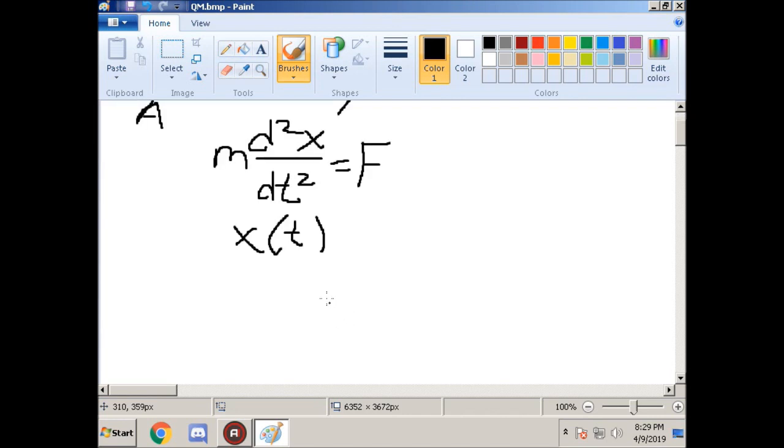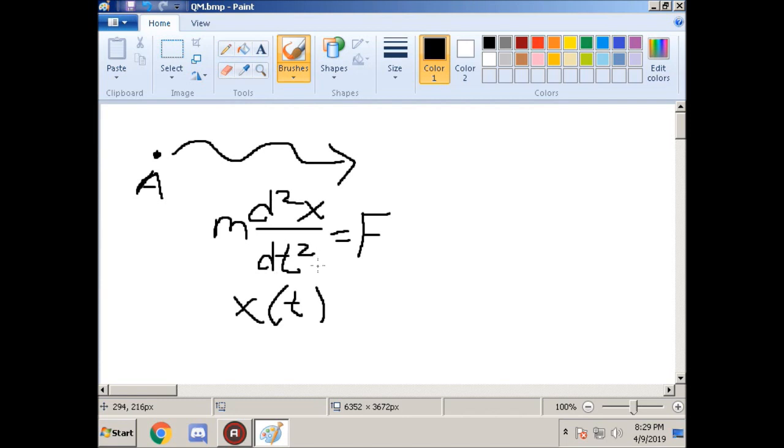That's classical mechanics. In quantum mechanics, it's quite different. Instead of talking about differential equations that, when solved, give us the path of the particle, we talk about differential equations that, when we solve them, give us the probability density of the particle.